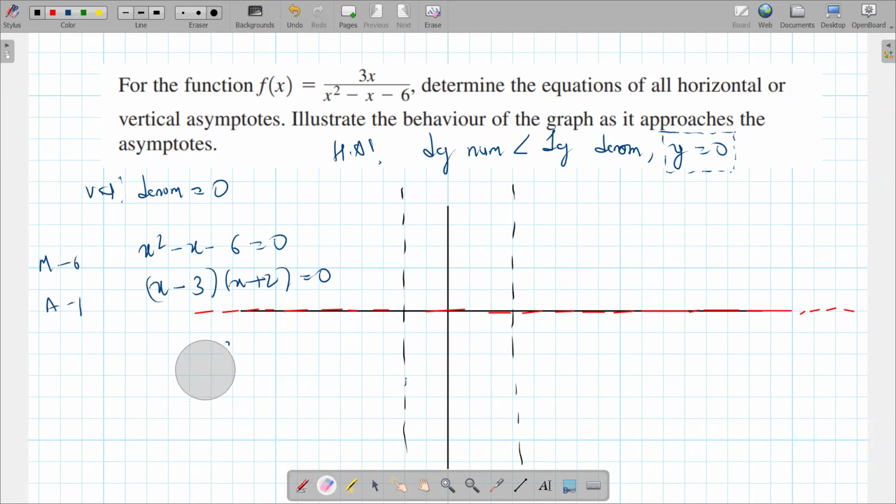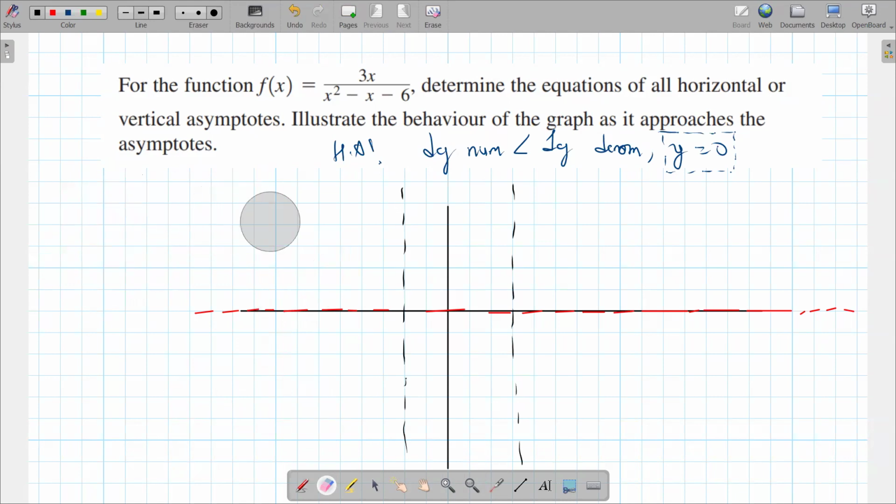You can also find the x and the y-intercepts. It's very easy. To find the x-intercept, set y equal to 0. So 0 equals 3x over x squared minus x minus 6. We need to get rid of the denominator. How do we get rid of the denominator? We're trying to solve this for x.